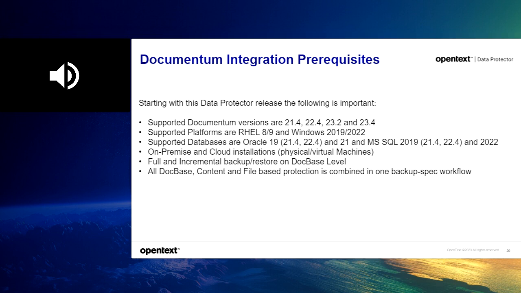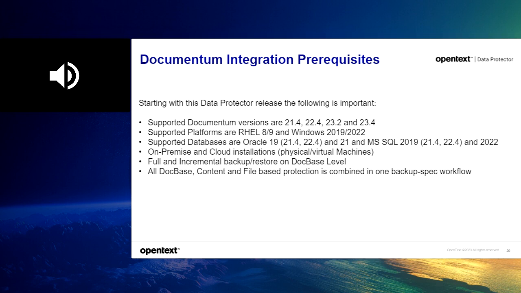Oracle databases. So we support Oracle 19, and this is on 21.4 and 22.4, as well as 23.2 and 23.4. And then we support Oracle version 21 for 23.2 and 23.4.